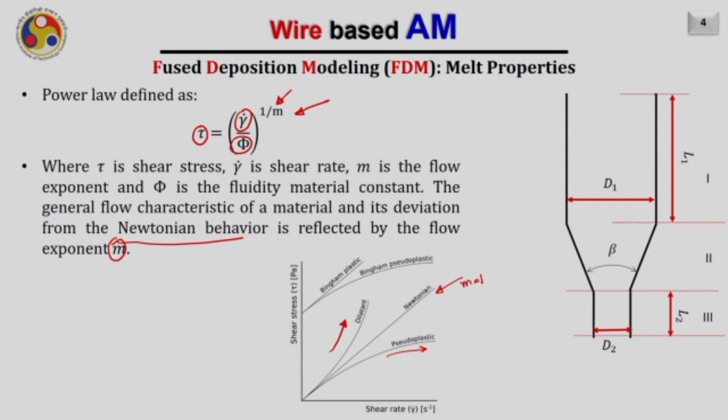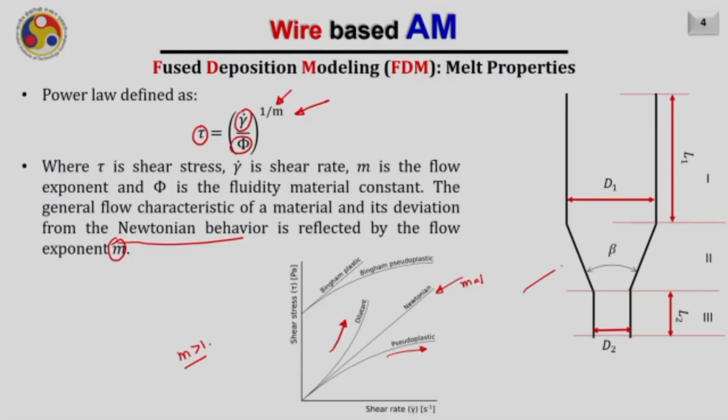If it is a pseudoplastic material, the value of m will be greater than 1, and that is the case for the melts usually used in the FDM process. Now, let us try to find out the pressure drop which will occur when the molten plastic material flows through this liquefier.